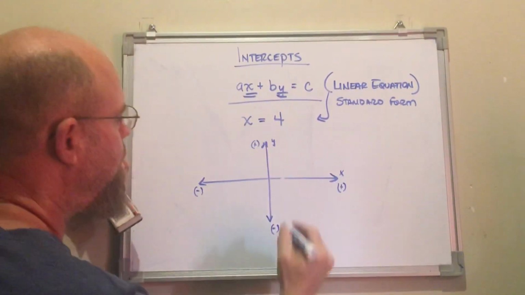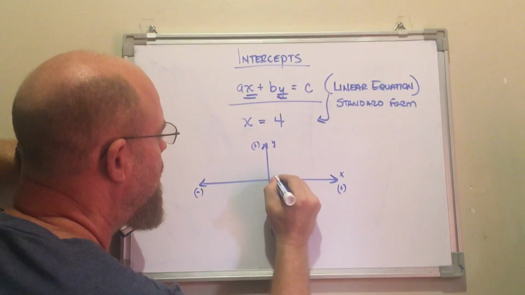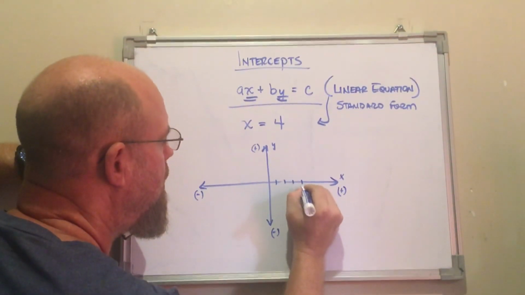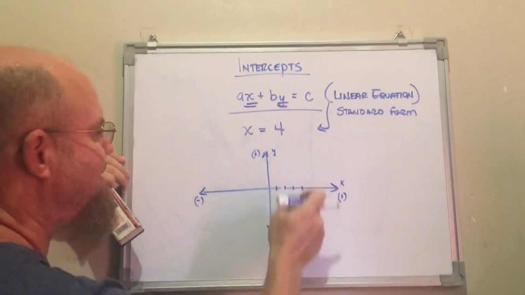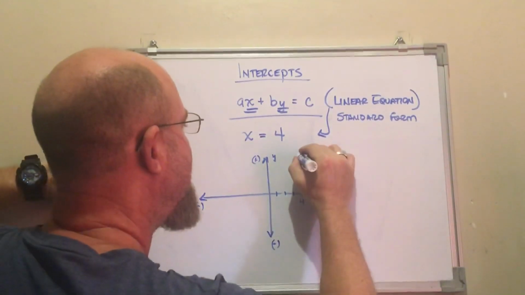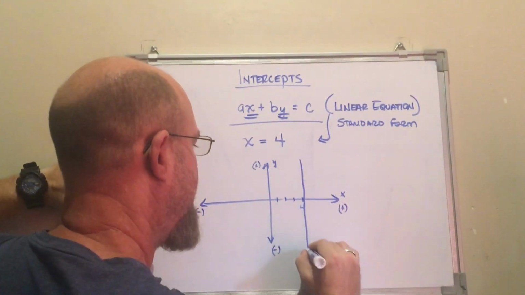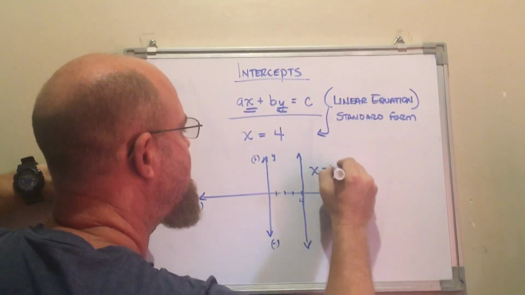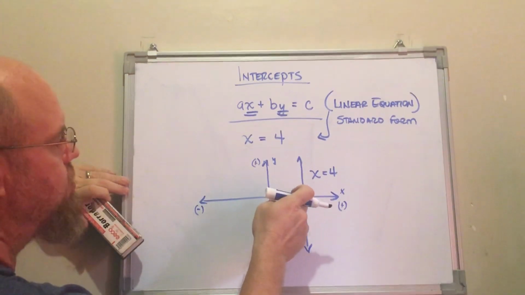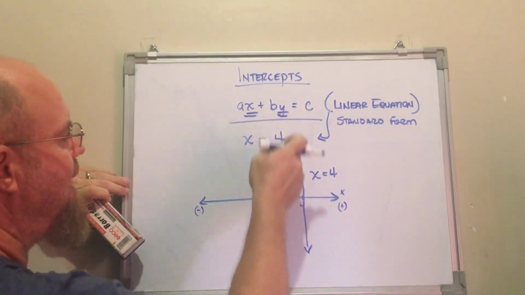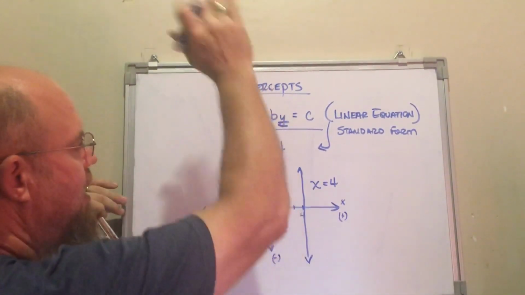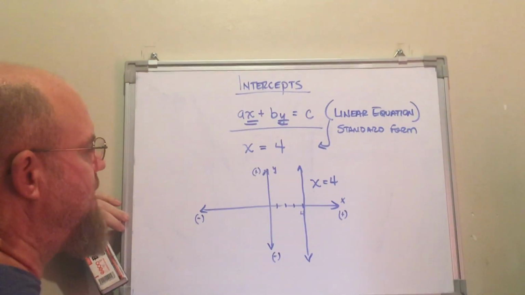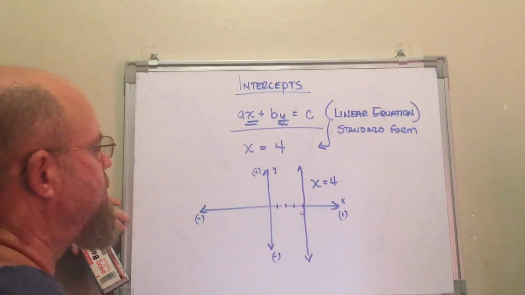So x equals 4 is, we go over 1, 2, 3, 4 on the x-axis, and that is a vertical line. It goes straight up and down. This line right here is x equals 4. It goes through the 4 on the x-axis, and the y value just goes on forever. Okay? That is x equals 4.